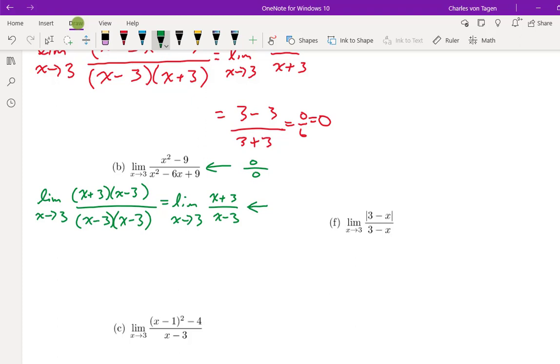Again, folks, notice what I'm not writing. I'm not about to write equals 6 over 0. If I wrote that, I would be wrong. All I'm doing is pointing at this problem here and saying that it looks like 6 over 0. I'm just telling you what it looks like. I'm not saying that's what it equals.